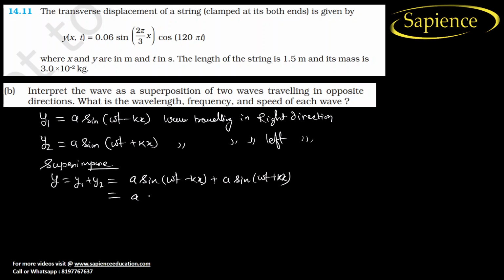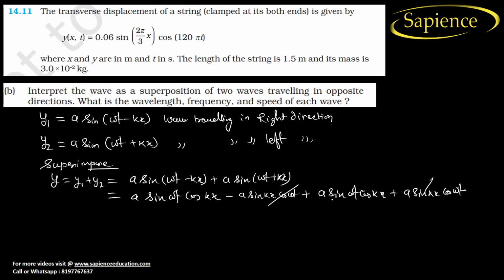It is a sine omega t cos kx minus a sine kx cos omega t, plus, again breaking like this, a sine omega t cos kx plus a sine kx cos omega t.